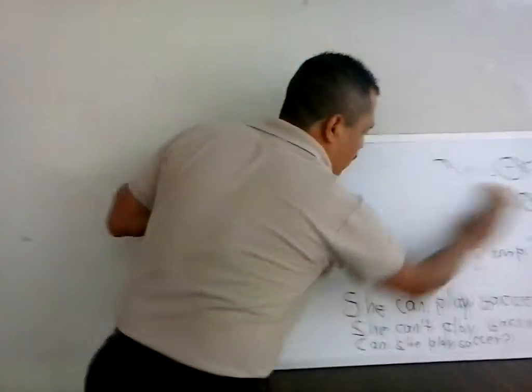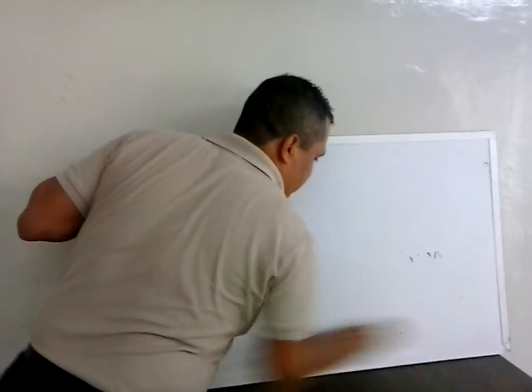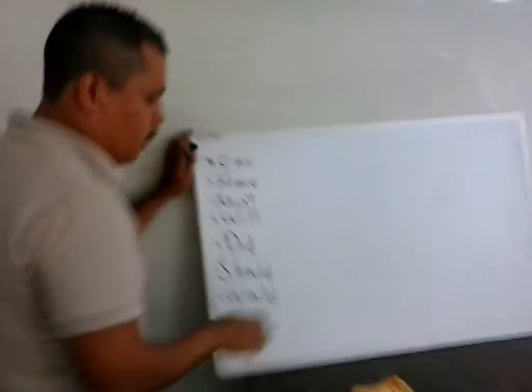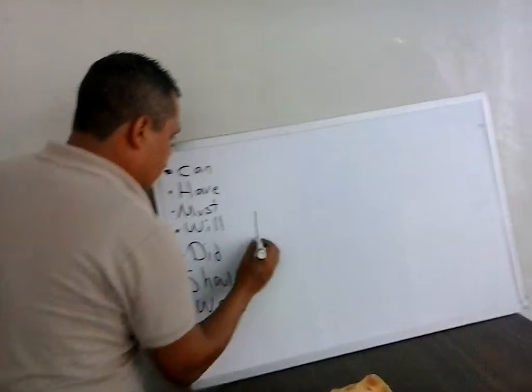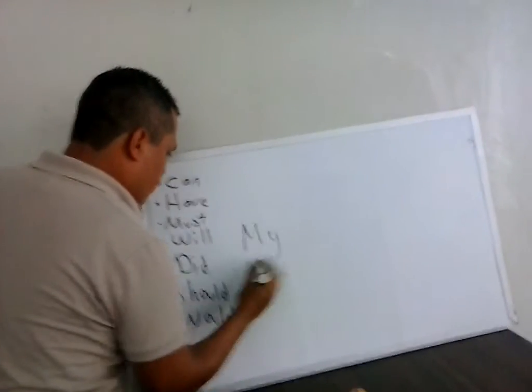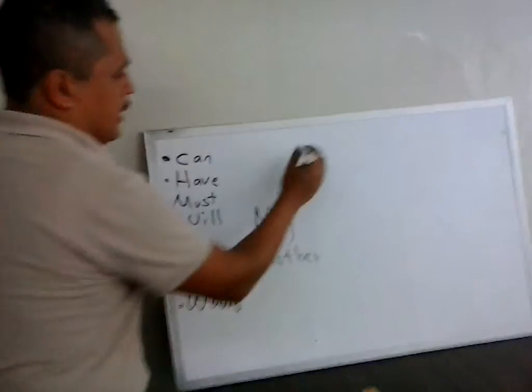Well, let's erase the form. I suppose you know the forms. Another example. I'm going to write one big example. We have, I don't know, my mother.